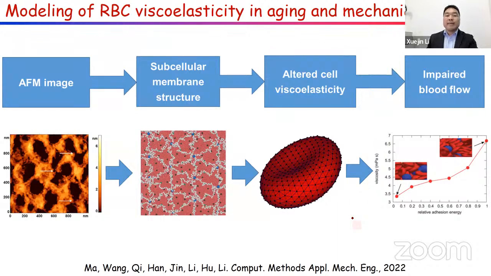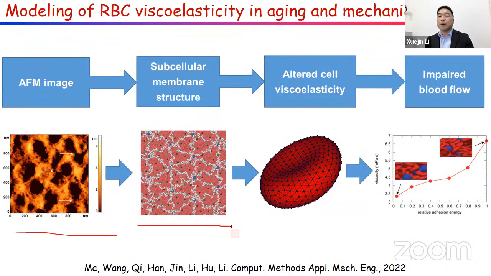Here, we develop a multiple-step framework for cell modeling. First, we collect the experimental information on the structure of the cell membrane. And this can guide us to set up the cell membrane model, like here, the consequent cell membrane composite model.